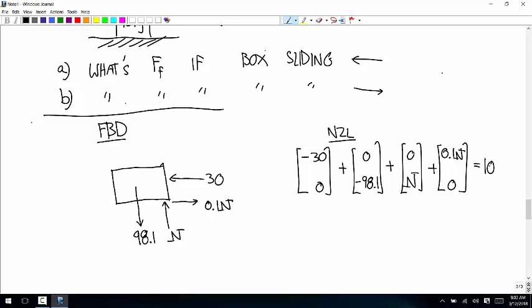What do we know about the acceleration? It's only along the x-axis. So we'll just write this as a, 0. And you don't have to think about whether it's positive or negative. That'll come out.